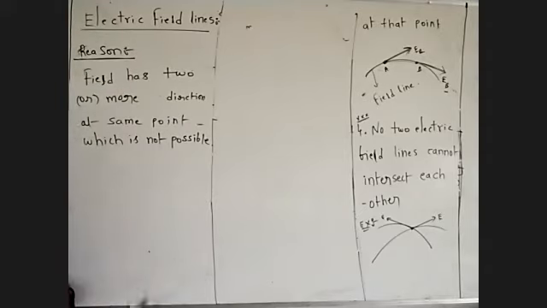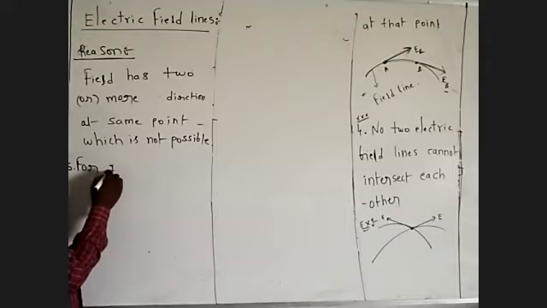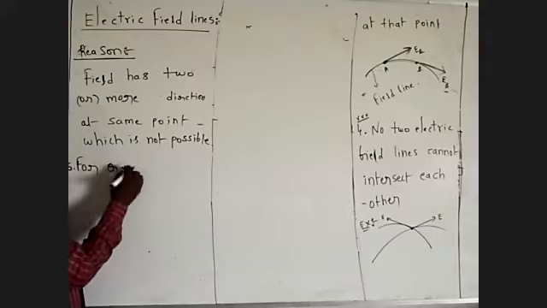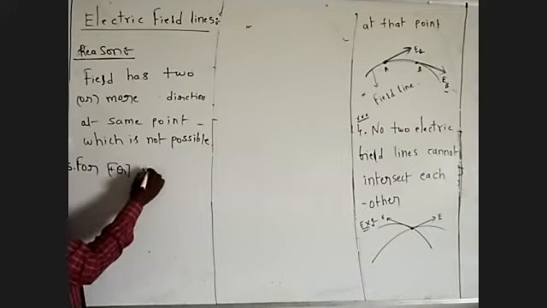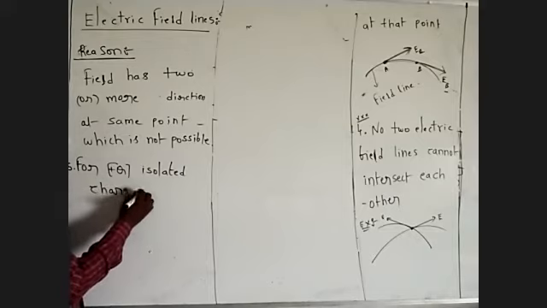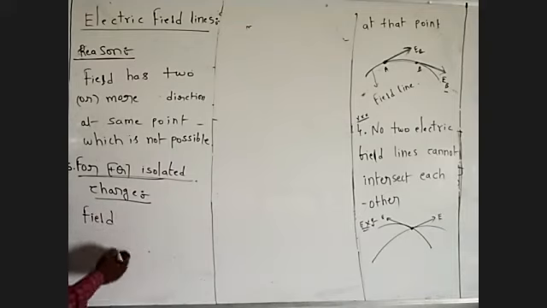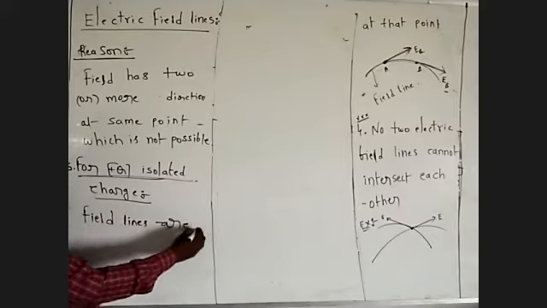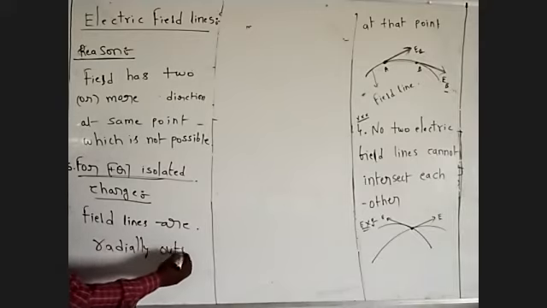Fifth point, for a positive isolated charge, the field lines are in the radially outward direction.